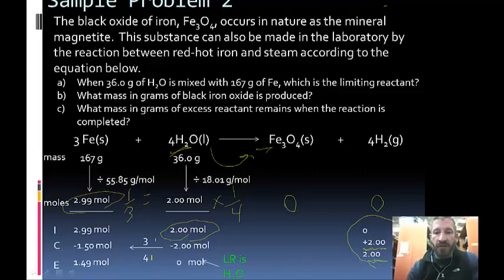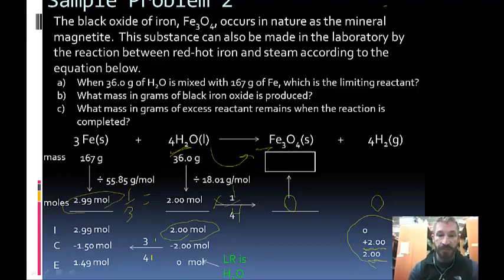We know that water is the limiting reactant, and of course the iron is the excess reactant. The other thing we want to do is change the water to the iron oxide compound. To do that, we use a 1-to-4 ratio, and that gives us 0.5 moles. We did that previously to determine the limiting reactant. So that gives us the amounts that we have here.